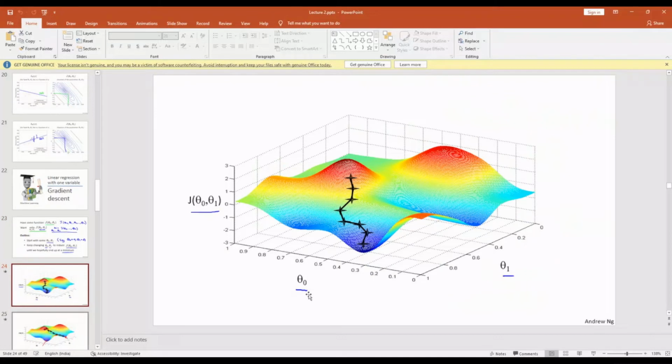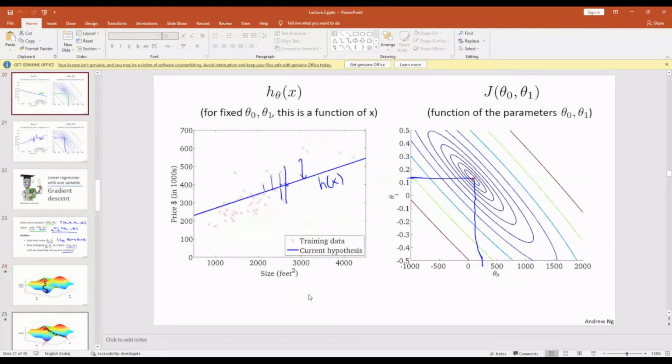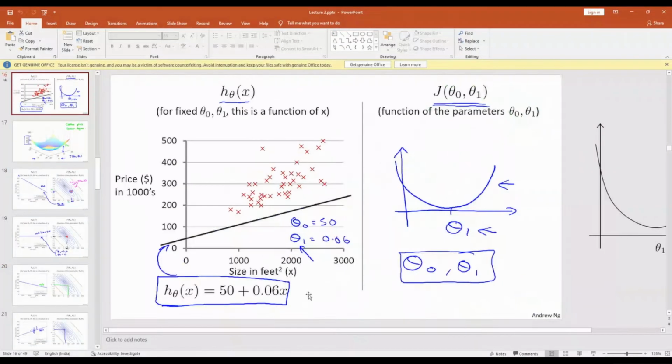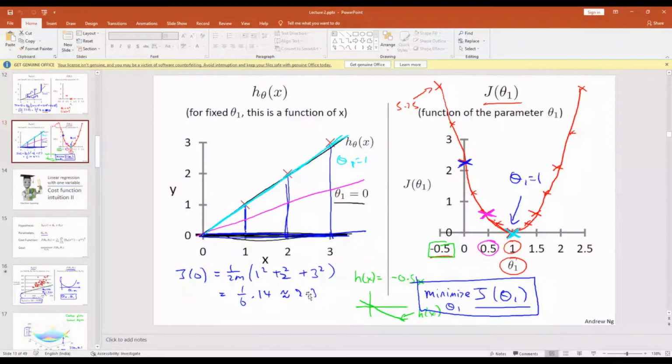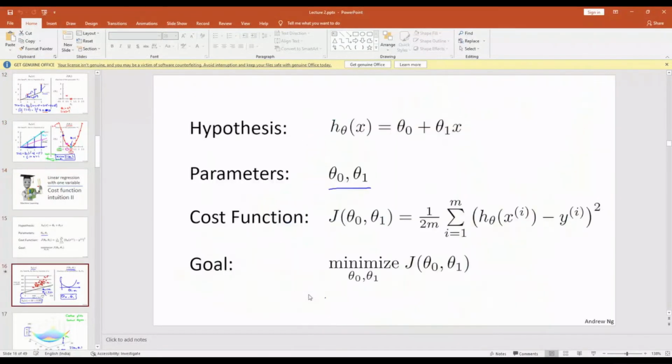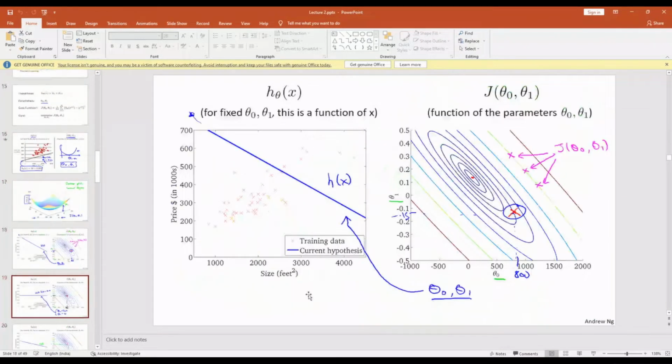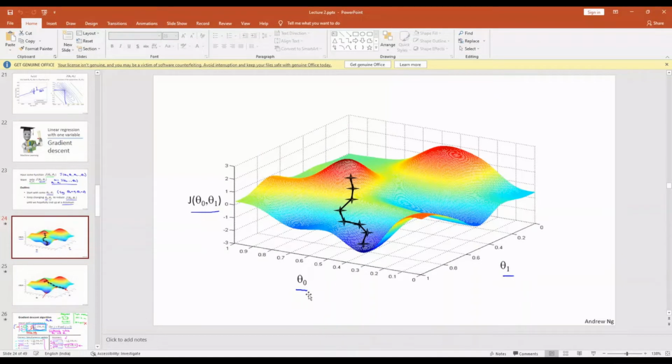So let's suppose this is the graph of j theta versus theta 0 and theta 1. We have already seen this, right? If you remember, this function, we have already seen this function, right? And even this function, j of theta. So similarly this is again an example of j of theta.